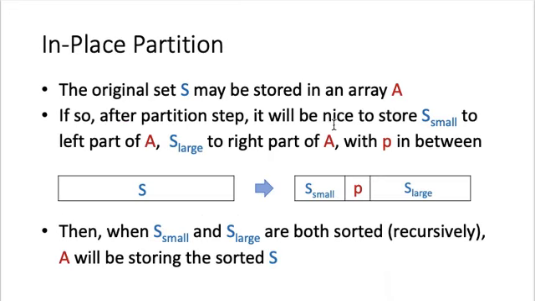Now, Quicksort makes use of a step called partition, where we are using the pivot P to partition the set S into two groups, one smaller, one larger.